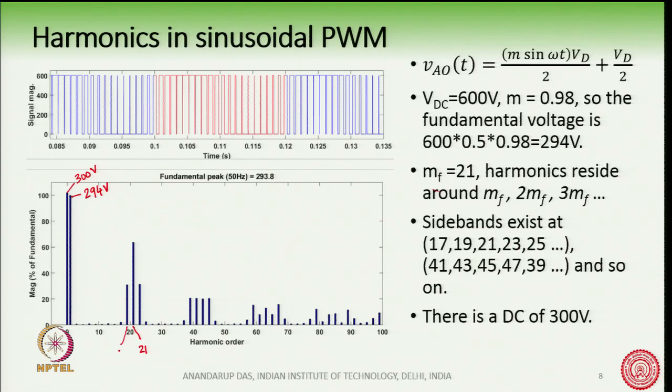So, this is the 19th harmonic and this is the 17th harmonic like that. So, this is the place where the first band of harmonics exists, and then there are also harmonics and their side bands around 2mf, around 3mf, around 4mf and like that.